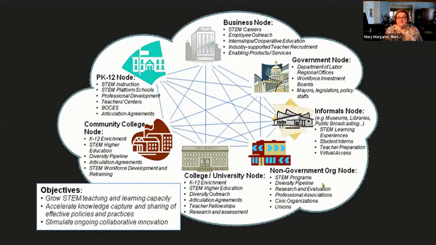But we still go back to our asset map as we identify needs, as we identify areas that we need to focus on in order to accomplish our goals. We go back to our asset map and ask the question, who needs to be involved? What are our resources? And those are the entities that we engage in whatever the project is.